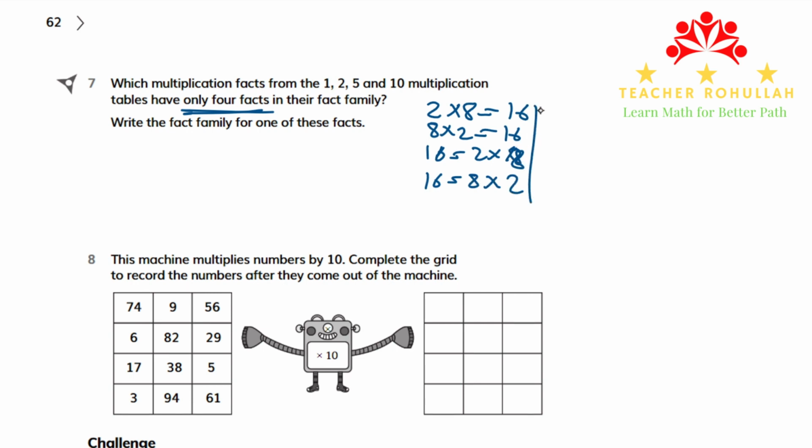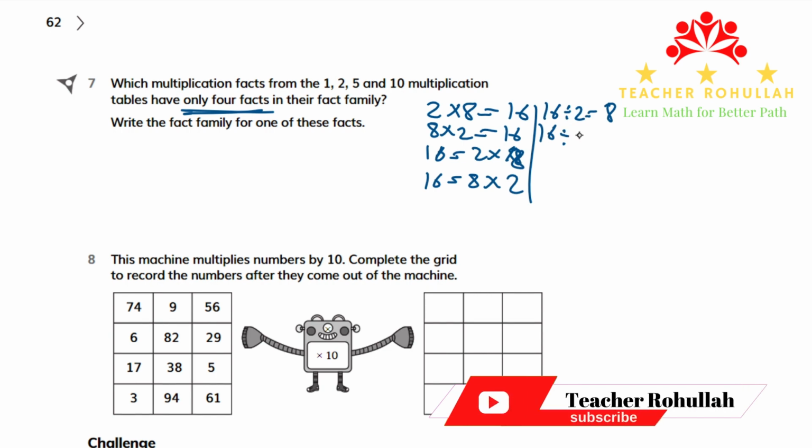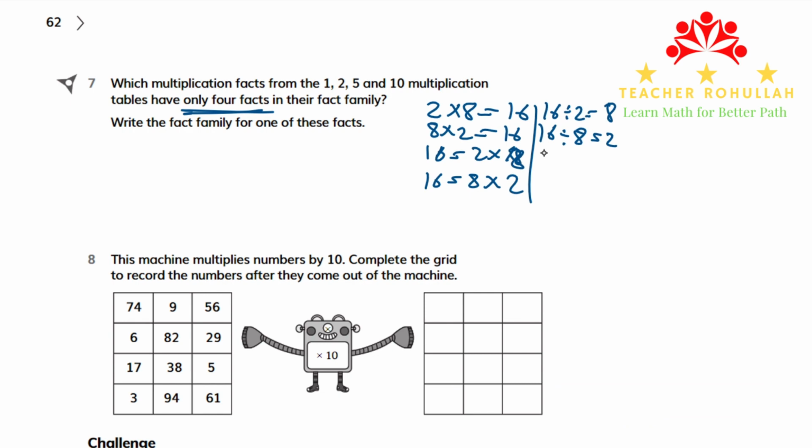And also 16 divided by 2 is equal to 8. 16 divided by 8 is equal to 2. And 2 is equal to 16 divided by 8. And 8 is equal to 16 divided by 2. How many facts does it have?